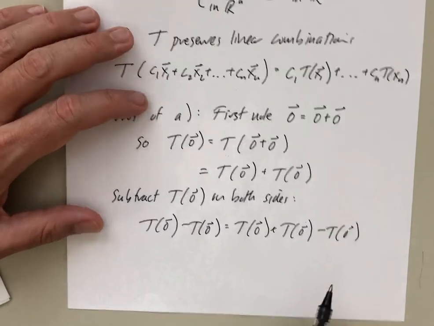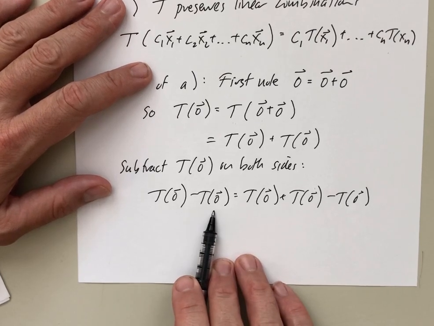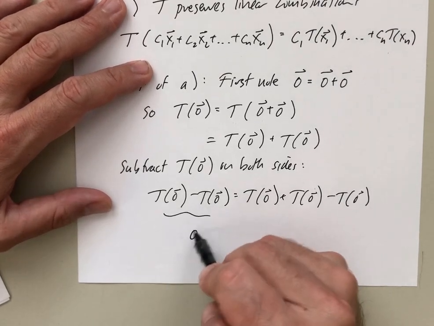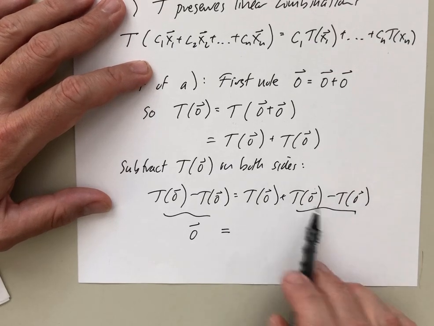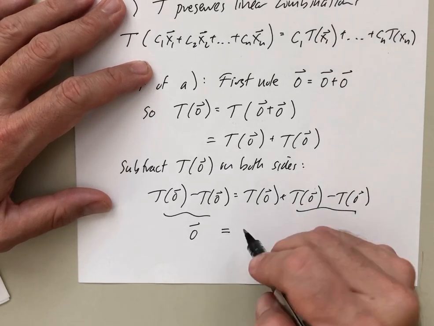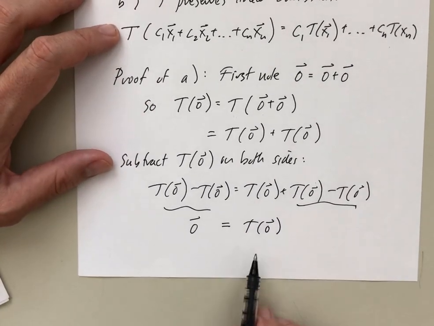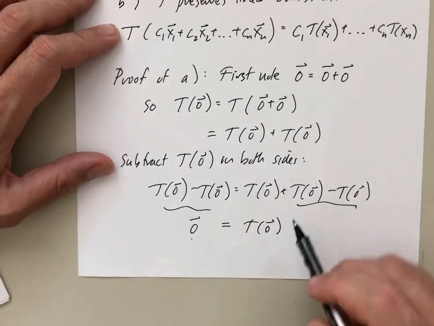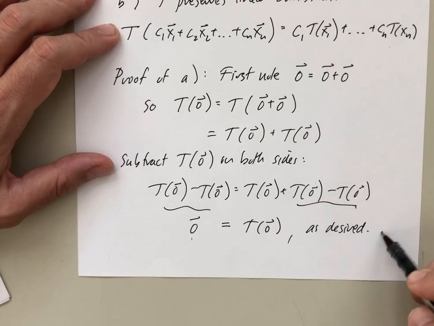Whatever this vector is, when I take away the same vector, this becomes just 0. And on the right, this goes away because it's the vector minus itself, so what's left is just T of 0. And that's what we wanted: T of 0 equals 0. And so that proves our claim.